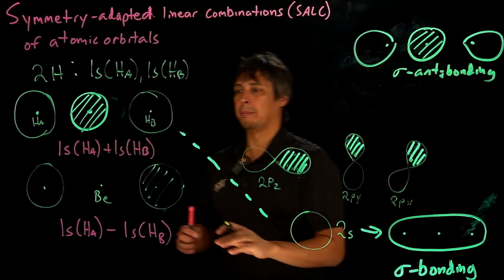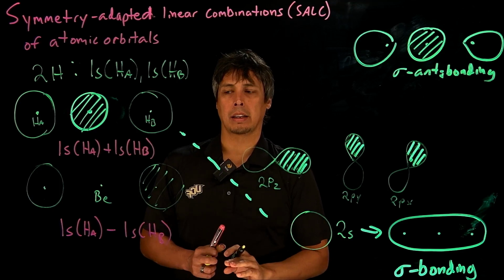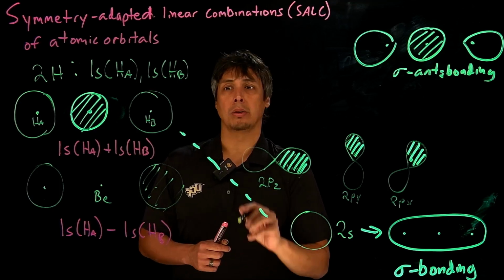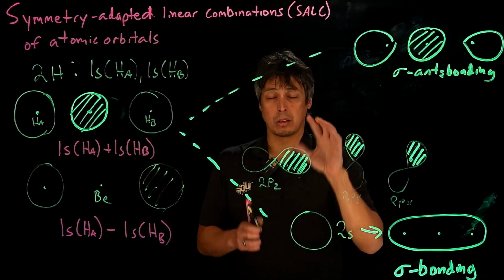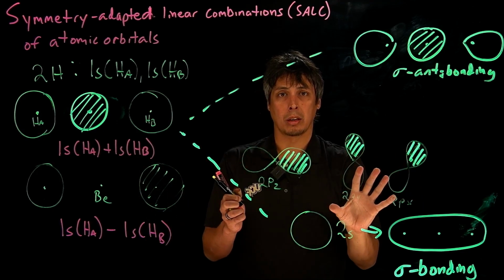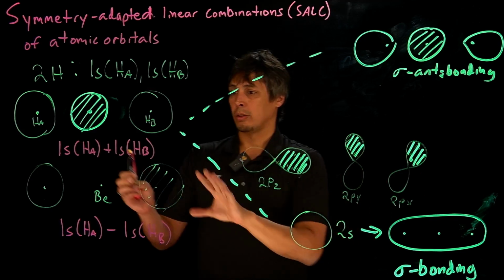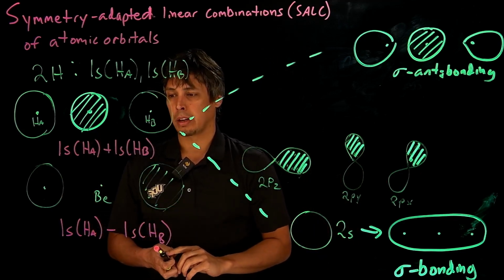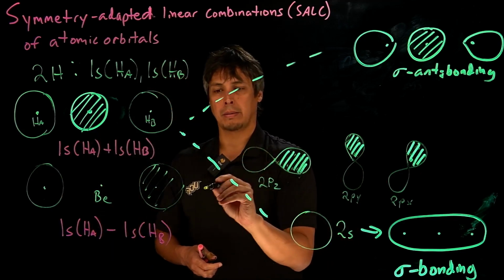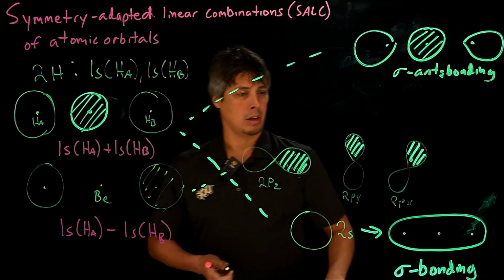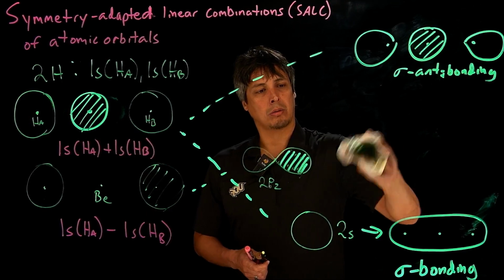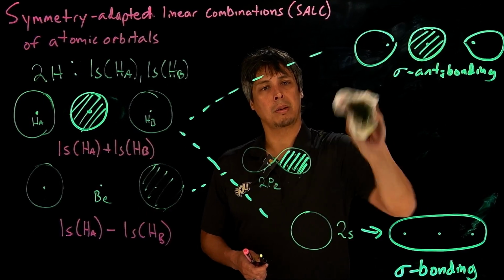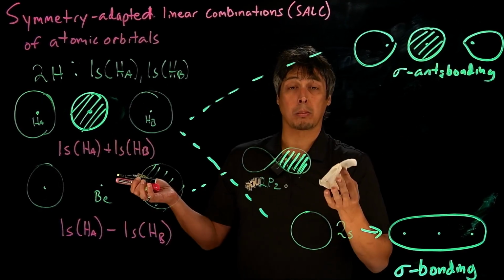Okay, so now let's look at the second SALC, because it hasn't been combined with a beryllium atomic orbital yet. If you look at this, the only symmetry that would match is from the 2pz here. The px and the py wouldn't overlap at all. And so what we find is that the px and the py orbitals actually don't have a SALC, okay?